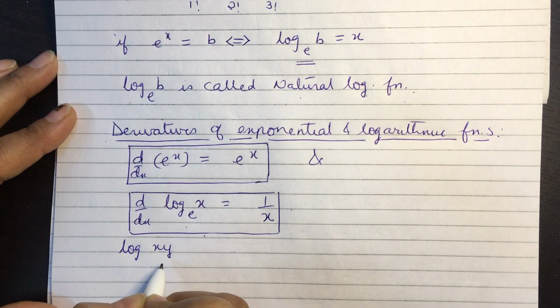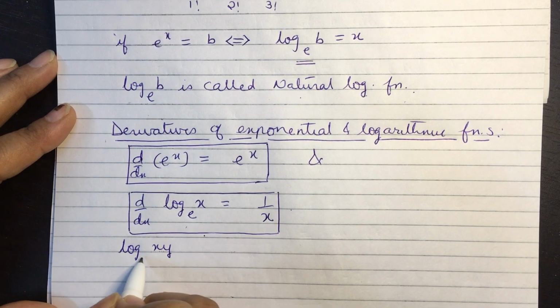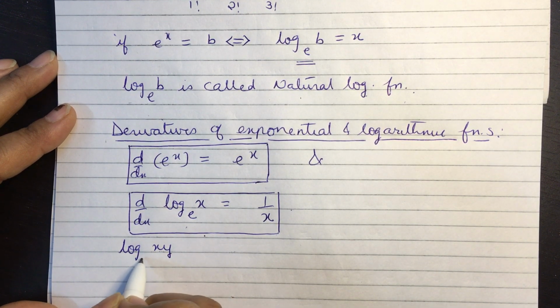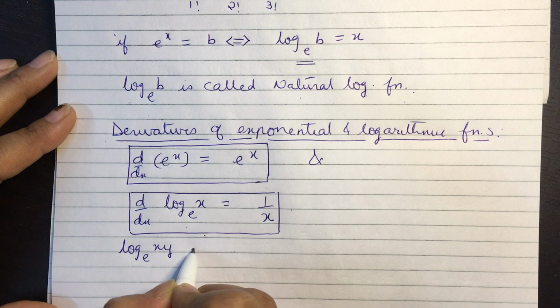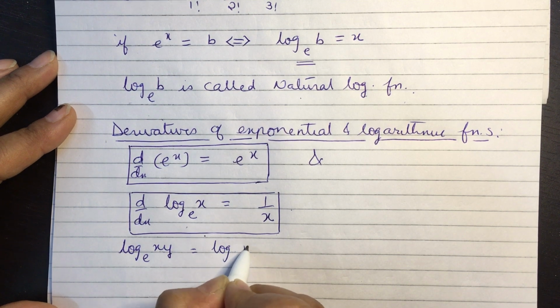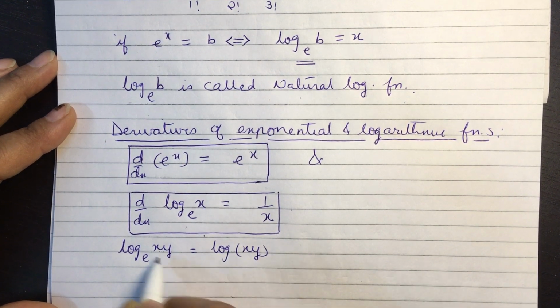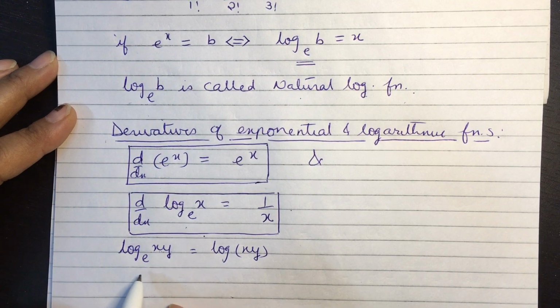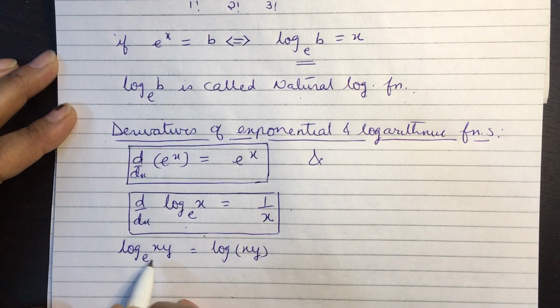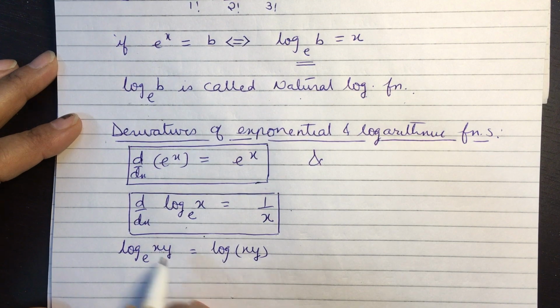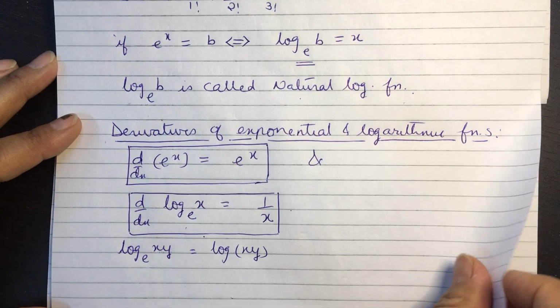Now unless and until specified, we will be taking natural log only, so either we write this or simply log xy. If I write log xy, that means the base is e. Otherwise we will be mentioning the base. So let's do a quick recap of the laws of logarithms which we did last year.